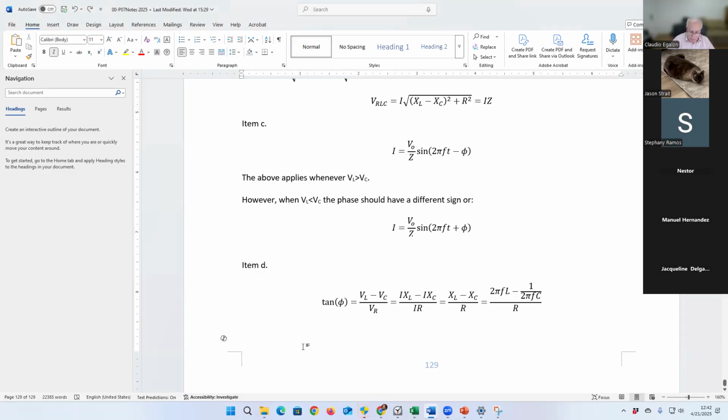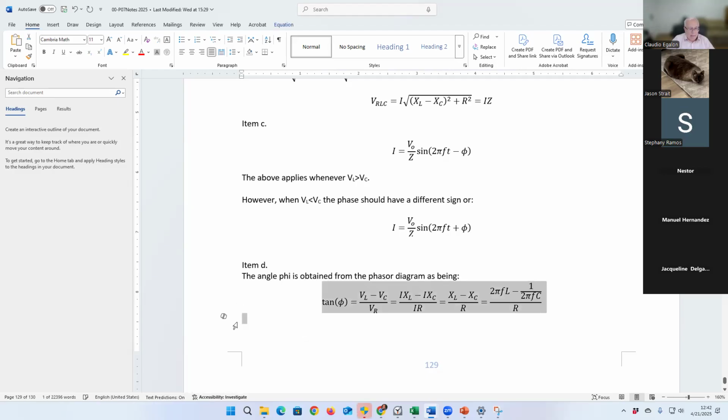Okay, so we're done with this example, where the angle phi is obtained from the phasor diagram as being something like that.